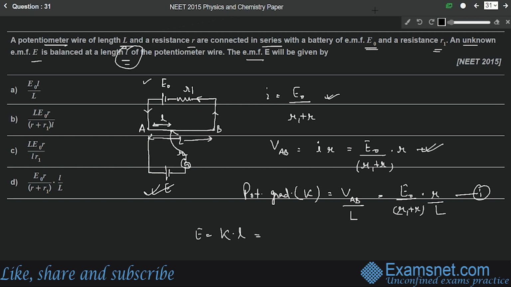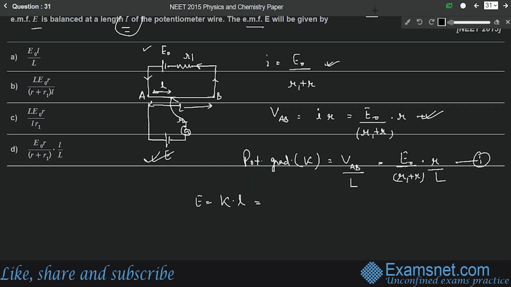Potential gradient is equal to E0 r upon R1 plus R into capital L, into this length small l. This will be the unknown EMF. So let's match with the options. Which option is the correct one? Option D, E0 r by r plus R1 into small l by capital L. Option D will be the correct answer.